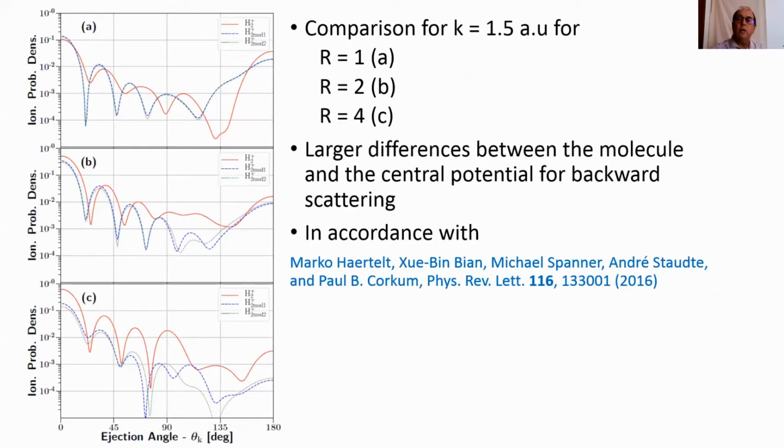Of course, the equilibrium distance is 2 atomic units, but we wanted to analyze how this pattern depends on this internuclear distance. What can be observed immediately is that we have larger differences between the molecule and the central potential for backward scattering, in accordance with this paper, which was already mentioned at the beginning of my presentation.